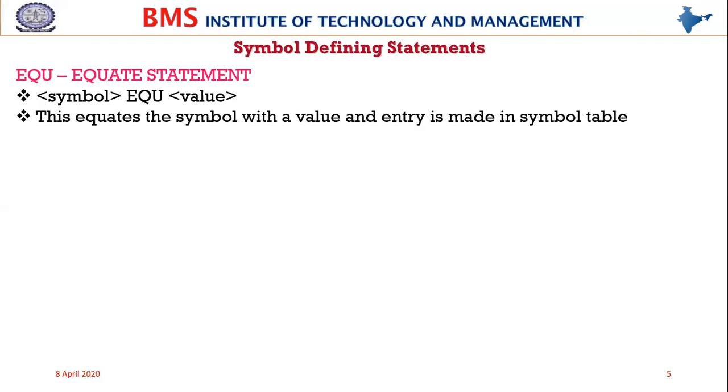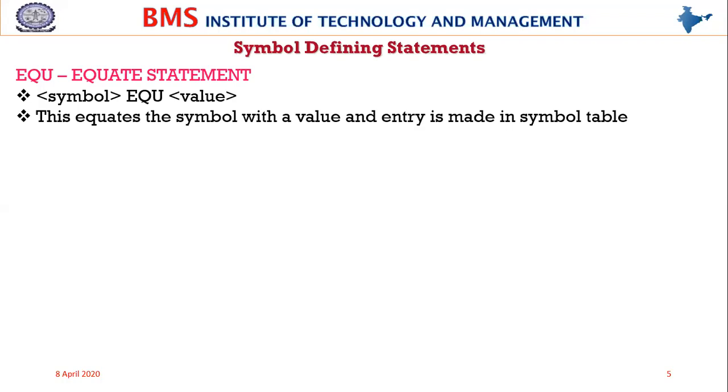Instead of telling a word and value 20, we can also use EQU, which is the absolute way of specifying. We can also specify them relatively. That means A EQU B plus C. B and C should be either a variable or a constant, which should have been defined earlier. Such a constraint, earlier or later, we don't have. So that's the use of the EQU statement.